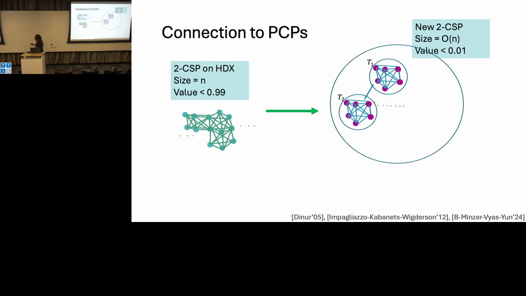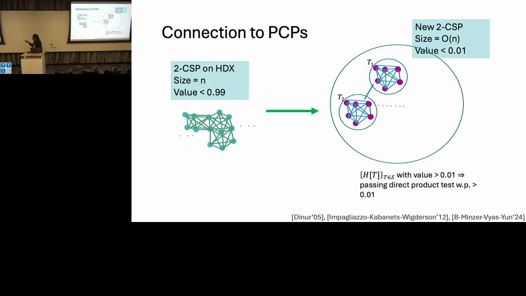So the variables of the new CSP will just be cliques or hyperedges of this HDX graph. Each variable corresponds to a hyperedge. So here you have these T1 to T theta of n hyperedges. The blow-up is only a constant factor because there are only theta of n hyperedges. And in fact, we can use the direct product test error as a black box to show that the value goes from 0.99 to 0.01.